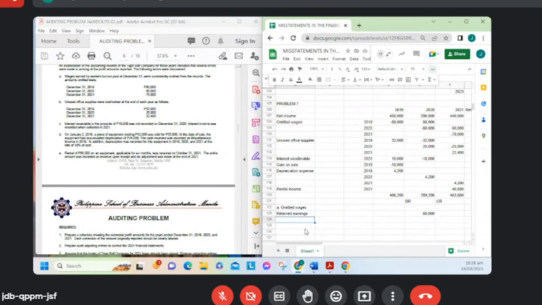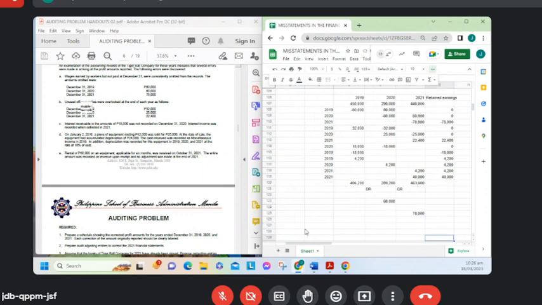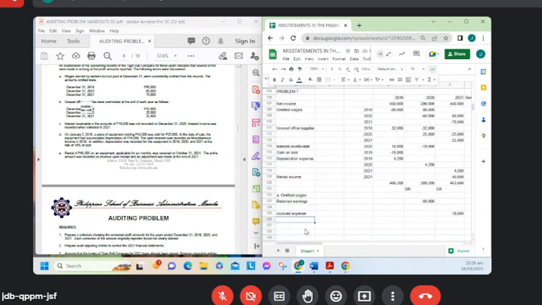And then we'll have an accrued expense amounting to 78,000 and wages expense amounting to 18,000 for the difference. Okay? So ito yun, no?